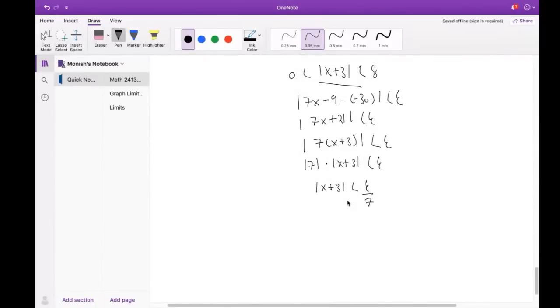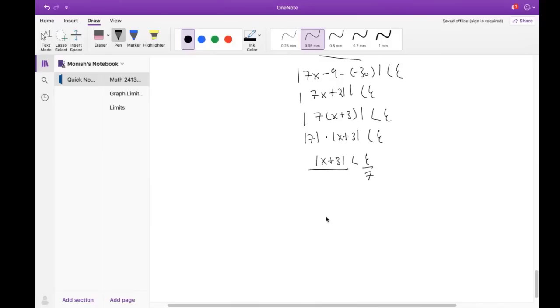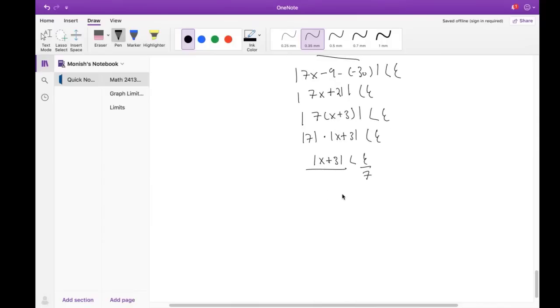And now you're going to want to set up a relationship. After this you're going to need to set up a direct relationship between delta and epsilon. And so in place of this absolute value of x plus 3, I can just go ahead and write that delta is less than epsilon over 7.